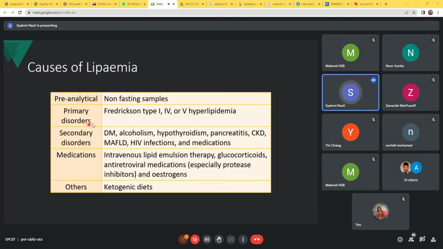Primary disorders are mostly genetic diseases, like the Fredrickson type 1, the hyperchylomicronemia, type 4, the hypertriglyceridemia, and type 5, hyperlipidemia.